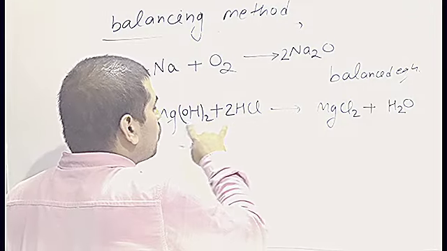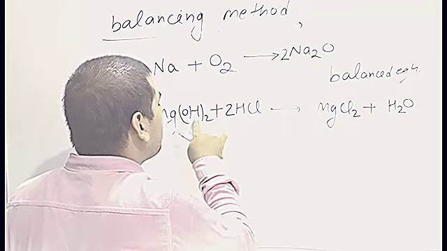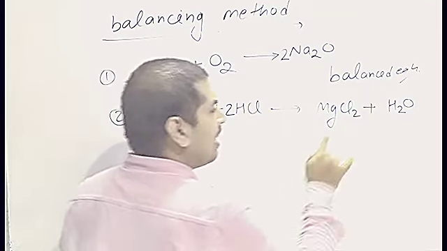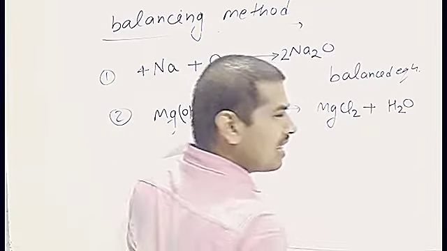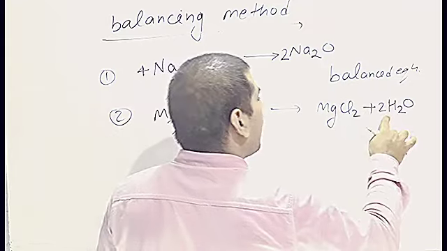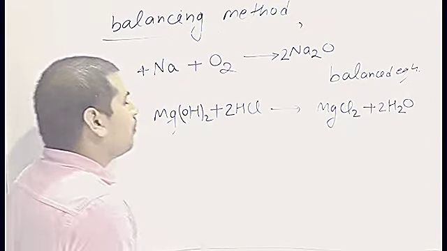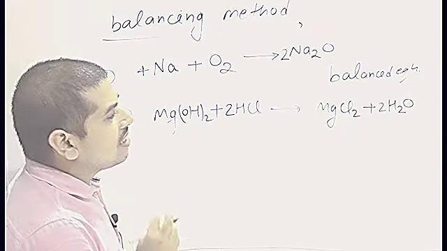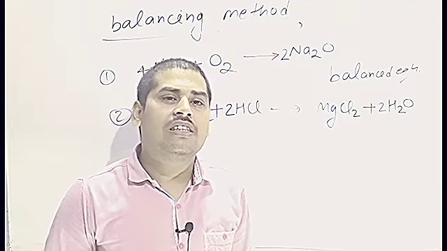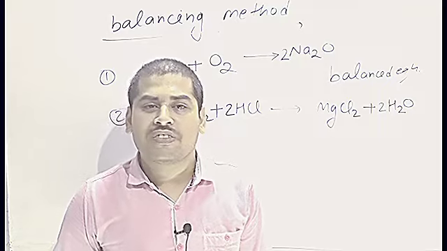Here the total number of hydrogen atoms is 4 and oxygen atoms is 2, and here only 1 oxygen and 2 hydrogen atoms. So by multiplying 2 we get 4 hydrogen and 2 oxygen, means now this is a balanced equation.